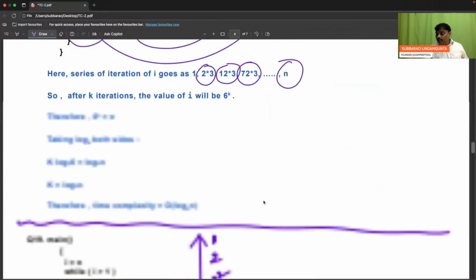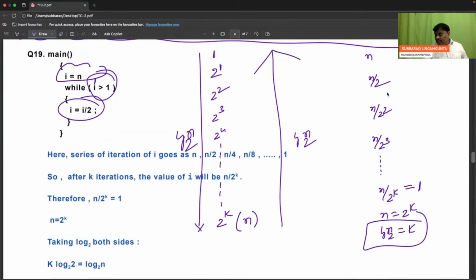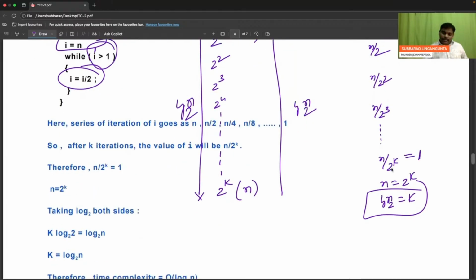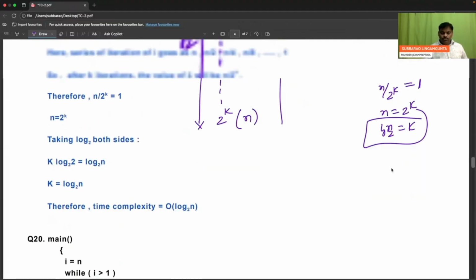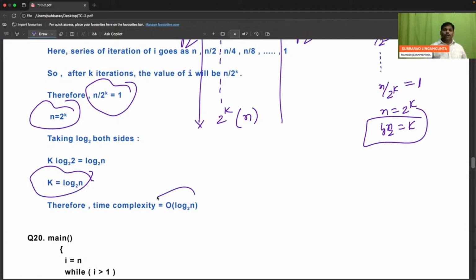In the case of divide, the power increments below: n by 2 power 1, n by 2 square, n by 2 cube. This is the only difference. At the end of the day, both are log n base 2. N by 2 power k is equal to 1, n is equal to 2 power k becomes log n base 2, so time complexity becomes log n.